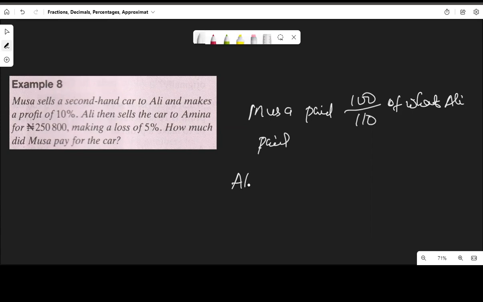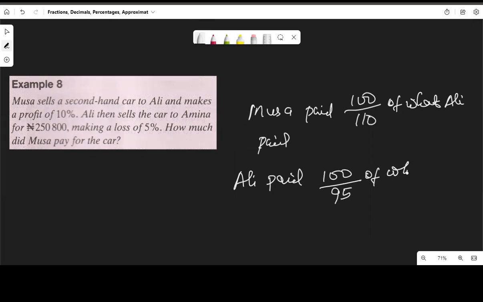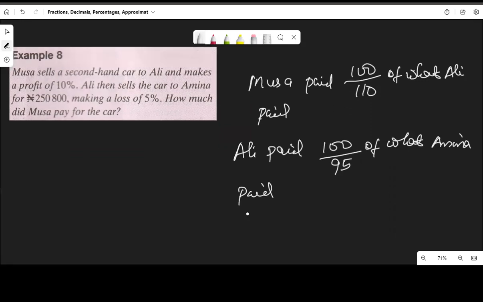So Ali paid 100 over 95 of what Amina paid. That is the case. And what did Musa pay?